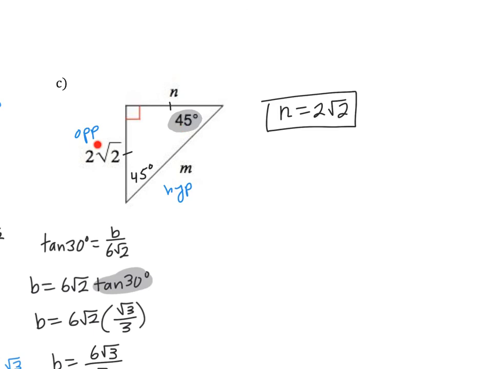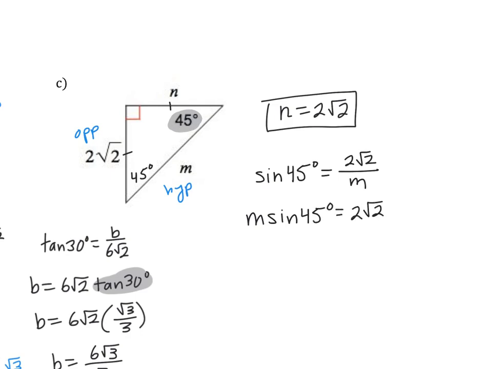Which ratio uses opposite and hypotenuse? That would be sine. So we say the sine of 45 degrees equals 2 root 2 over m. So multiply both sides by m. And then we have to divide both sides by the sine of 45 degrees.